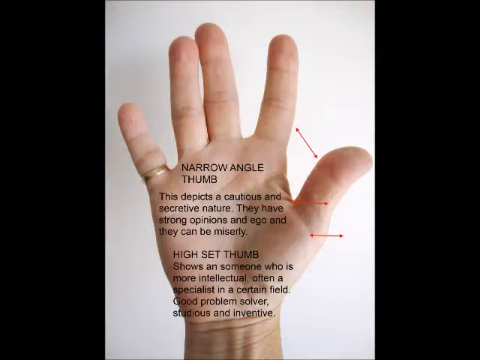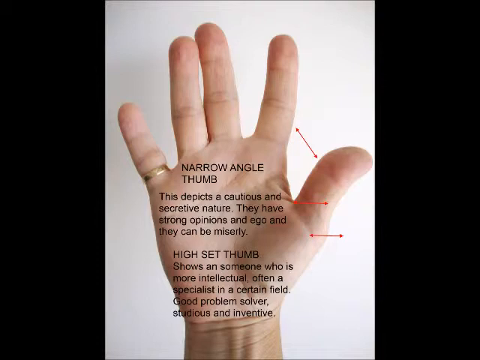They can be more selfish than the wide angle nature. So if you're looking at compatibility in relationships, someone with a narrow angle thumb may not appreciate the recklessness, so to speak, of the very broad angle thumb.